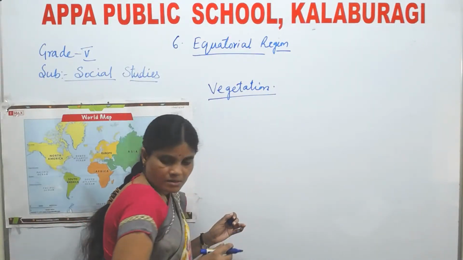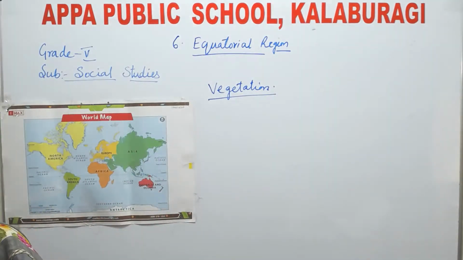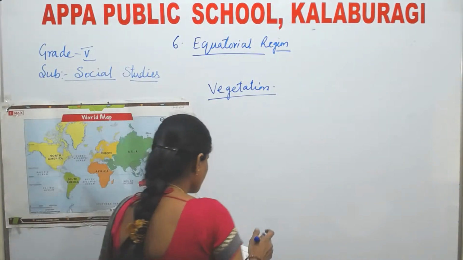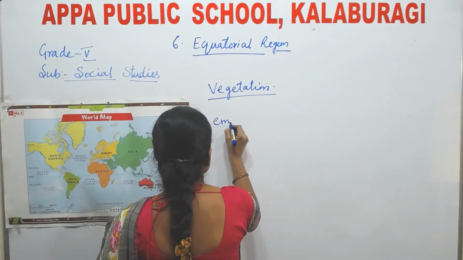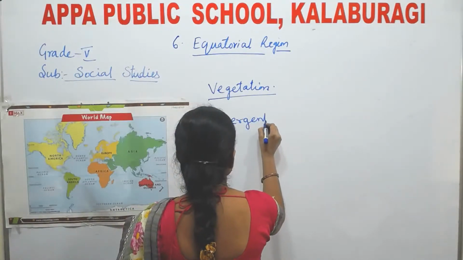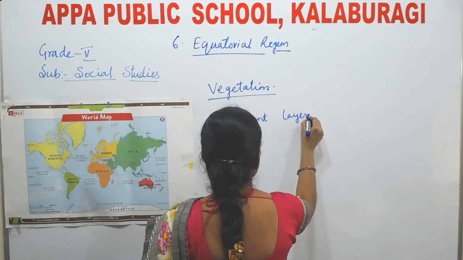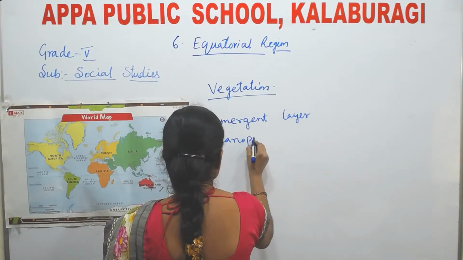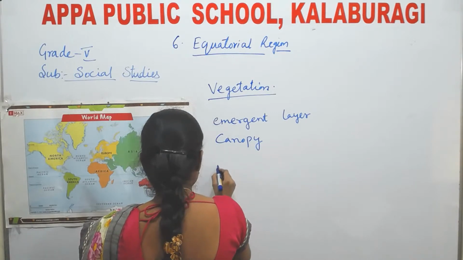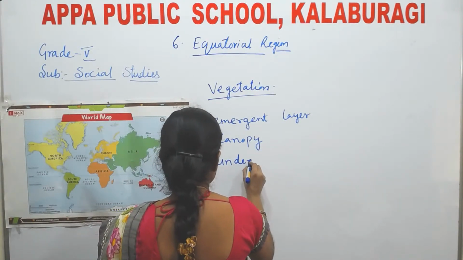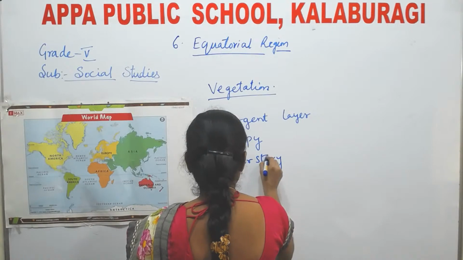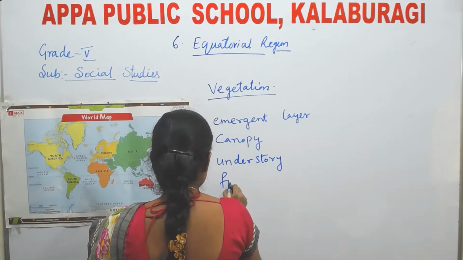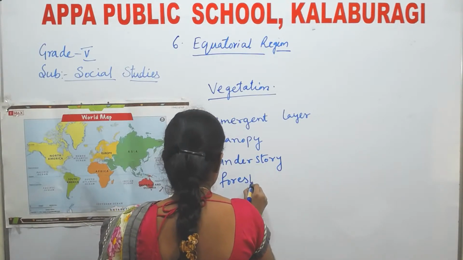First one is the emergent layer. Second one is the canopy. Third one is the understory. And fourth one is the forest floor.